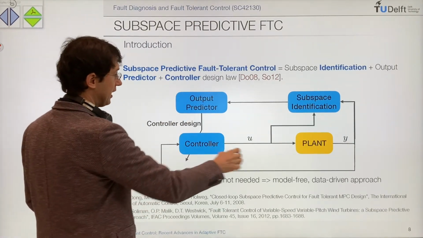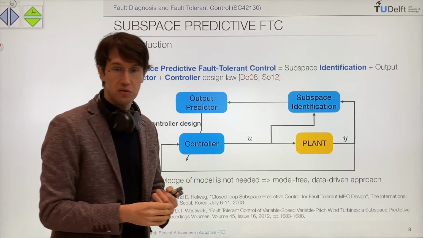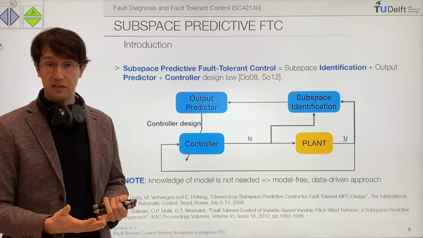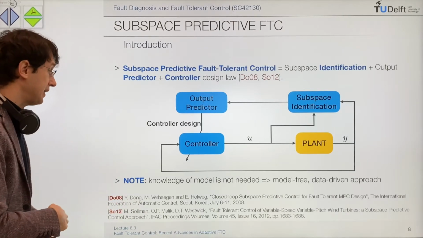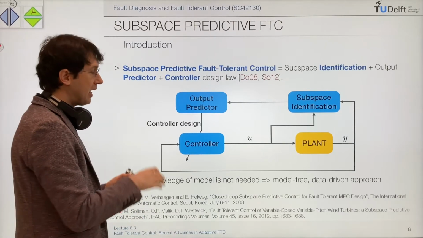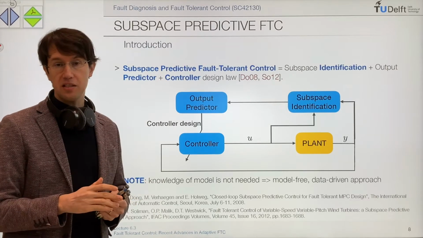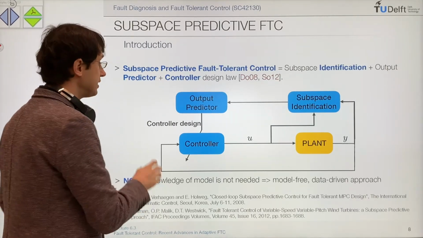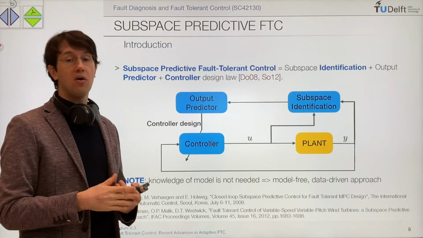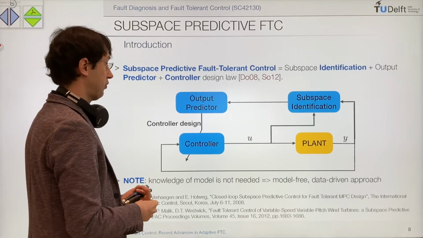So if you look into that, you see that you have a sort of model predictive controller. Indeed, this is what we are going to design later. As you don't need explicit knowledge of the model, you are learning that from data. This approach is called a model-free or data-driven approach.